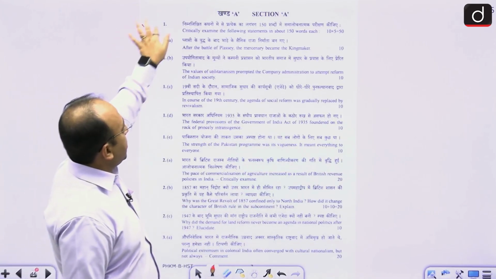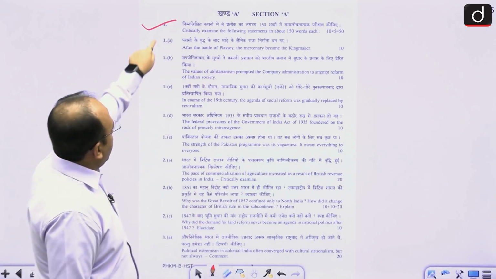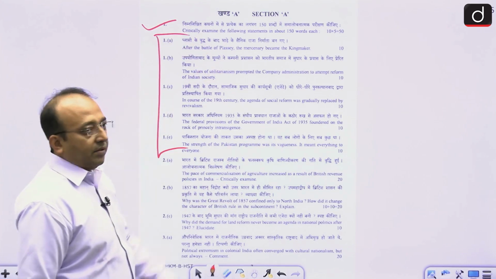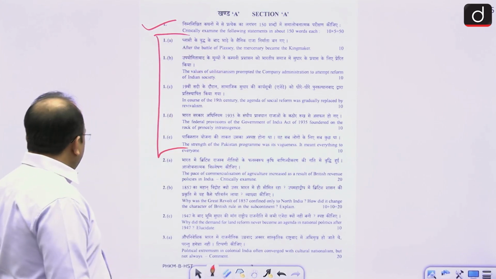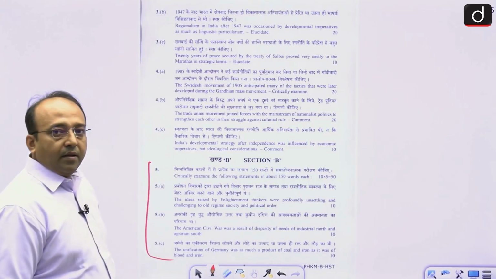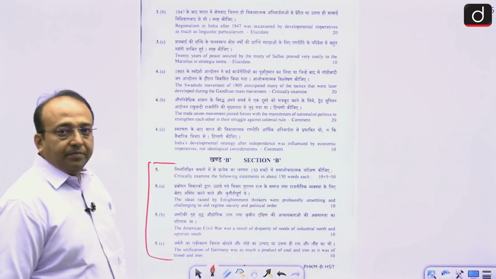These questions you have to write compulsorily. Question number 1 is compulsory, and then question number 5 is also compulsory.